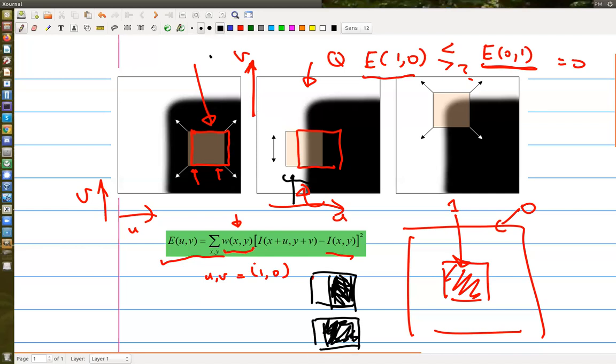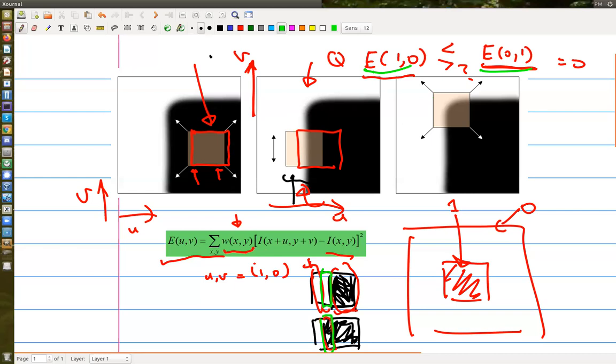If I sum the square difference, for this region here that is zero, and for this region here is zero, but in the middle, this part and this part won't be the same, right? So if I sum the square difference, it definitely will be bigger than zero. So this will be bigger than zero, and this will be equal to zero. Therefore, E10 is bigger.